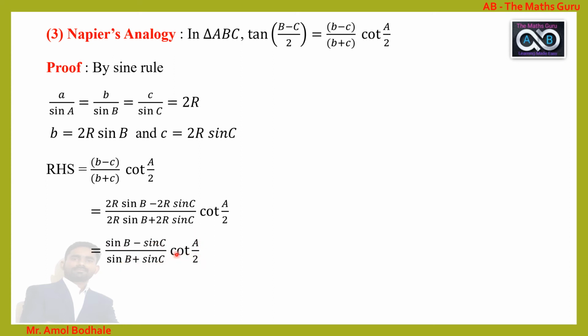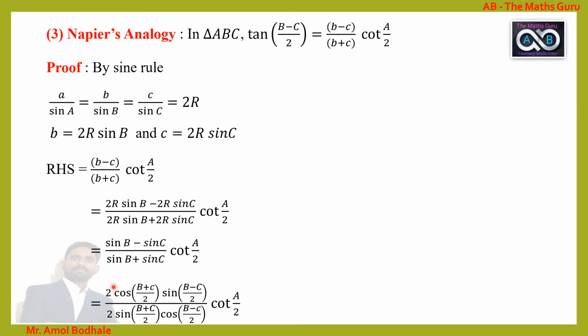In 11th standard we have learned the difference of trigonometric functions, that is sine of B minus sine of C. So here we can write sin B minus sin C as 2 times cos B plus C upon 2 into sin B minus C upon 2, upon sin of B plus sin of C can be written as 2 times sin B plus C upon 2 cos B minus C upon 2.